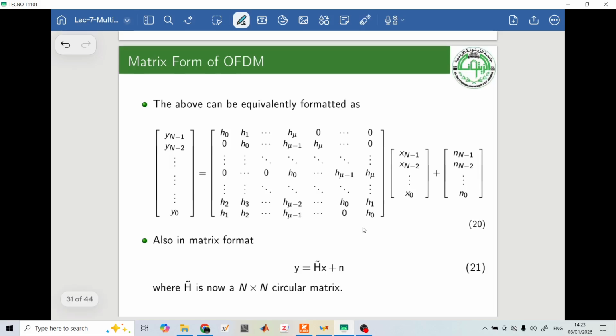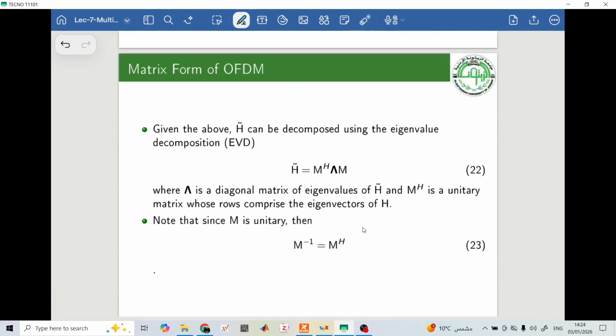We can put them in a more convenient way if we rearrange the channel matrix in this form. So this channel matrix is a circular matrix, in contrast to the above, which was a linear channel matrix. Now, a circular channel matrix is a square matrix, so we can use the eigenvalue decomposition.